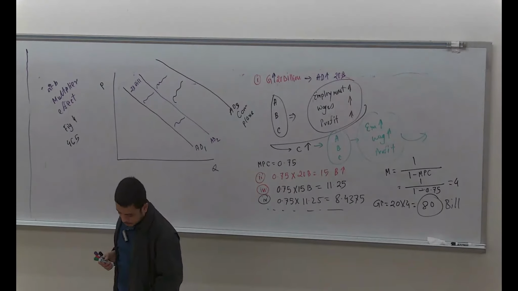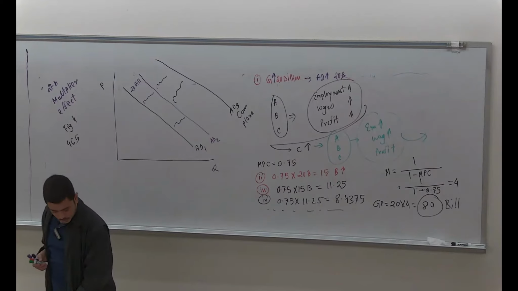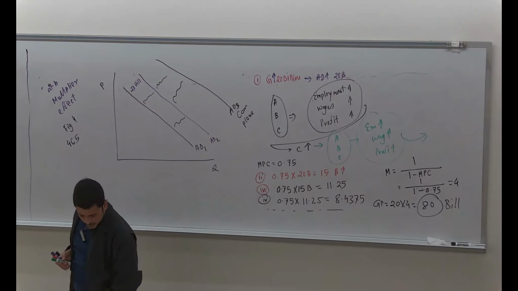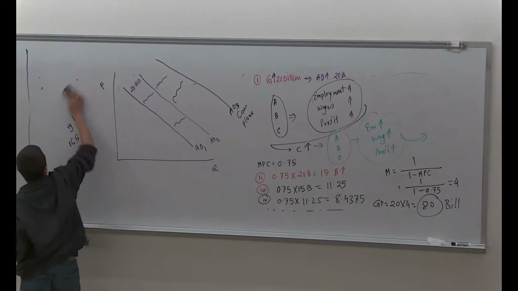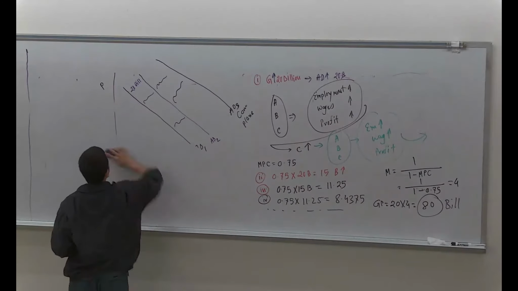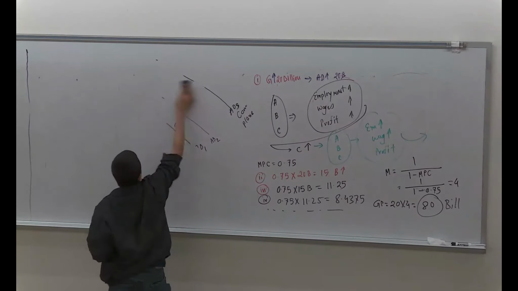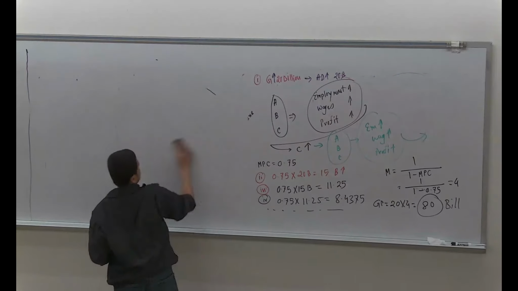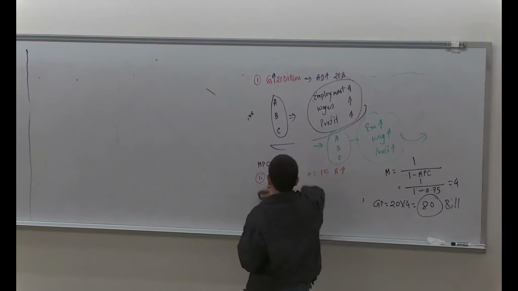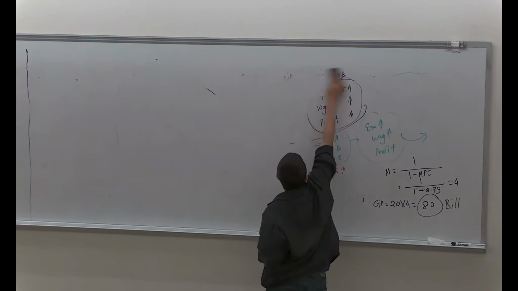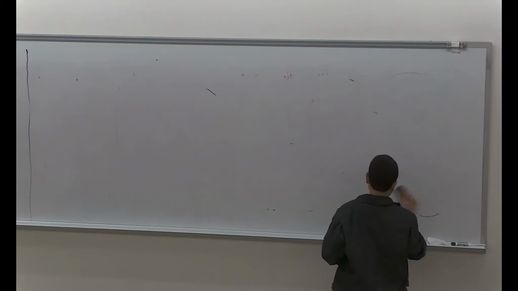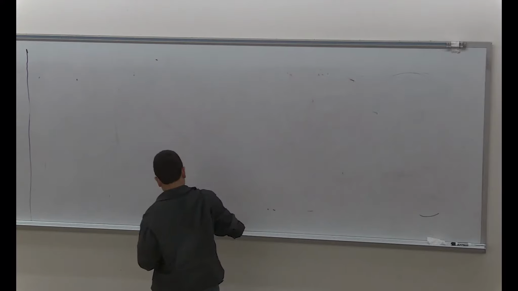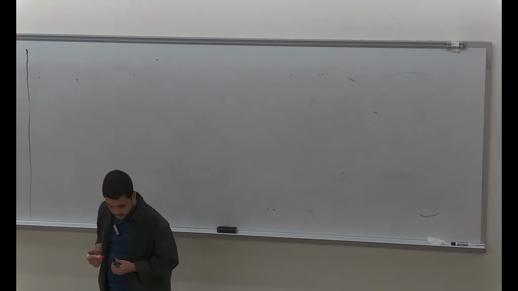Now this is something positive. Now let's talk about the negative effect, the crowding out effect. Crowding out effect, 21.2e.